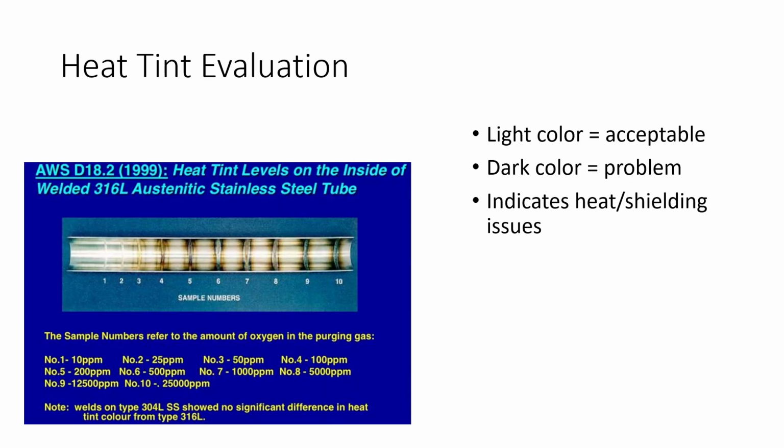Heat tint evaluation. With stainless steel, I didn't do too much of a deep dive into this because we're just at the basic level here. When we weld stainless steel, we really want to look at the tint evaluation of the steel. Evaluate the color when we're done. If it's a light color, we're acceptable.